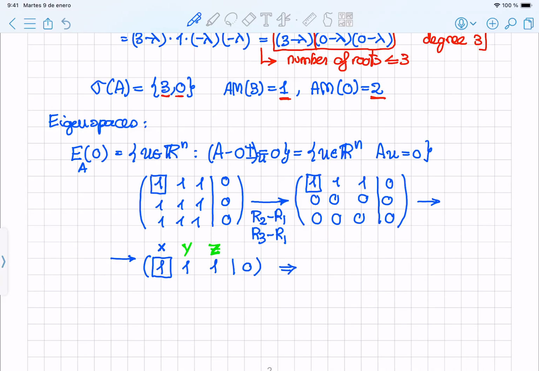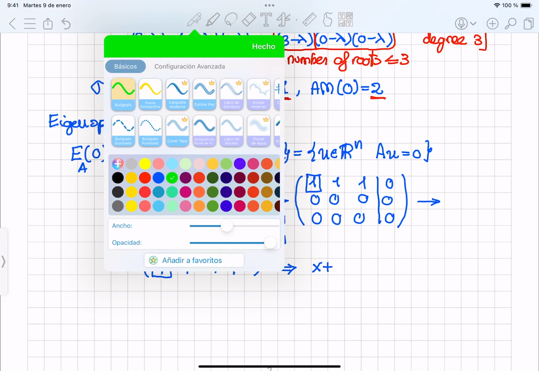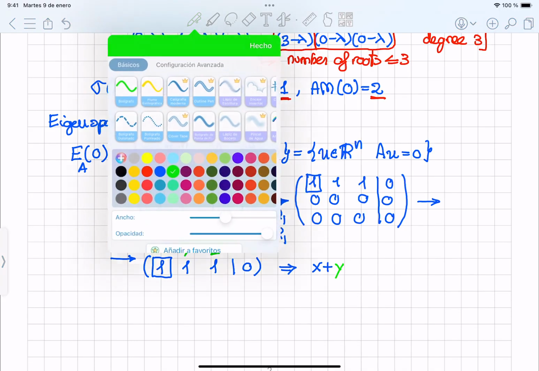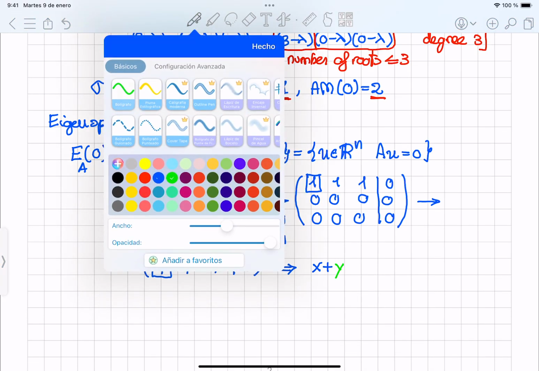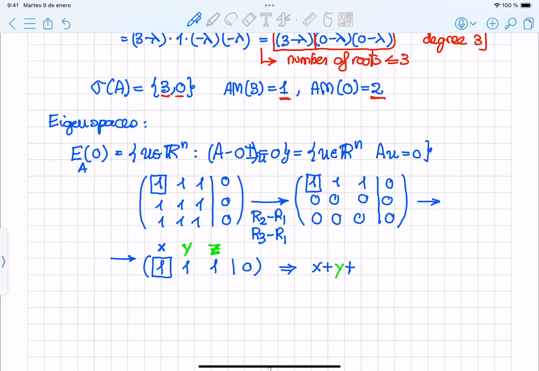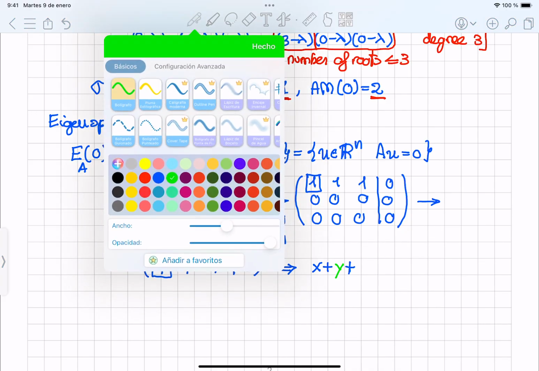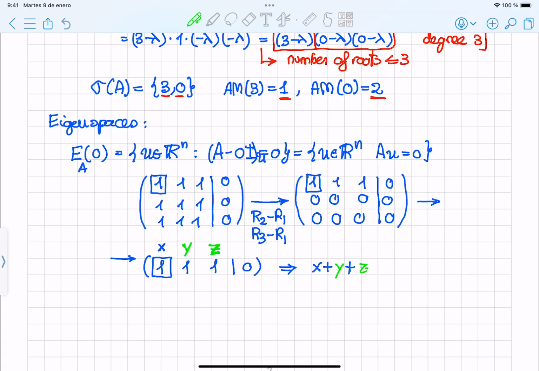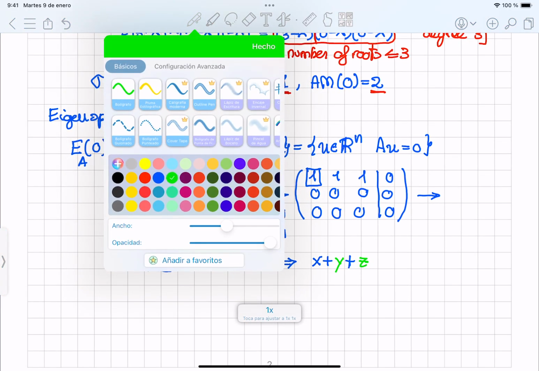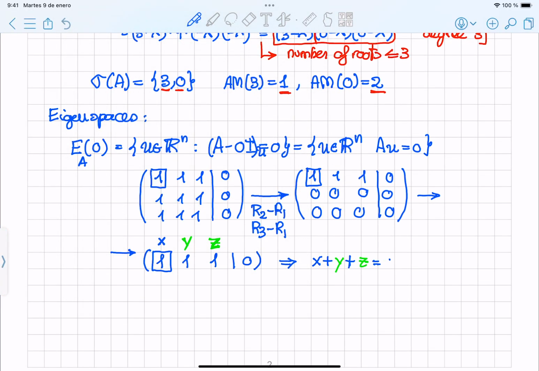So in this case, what the equation says is that x plus y plus zeta should be equal to 0. This is just the equation. Okay, so our goal is expressing x in terms of y and zeta, the green ones.